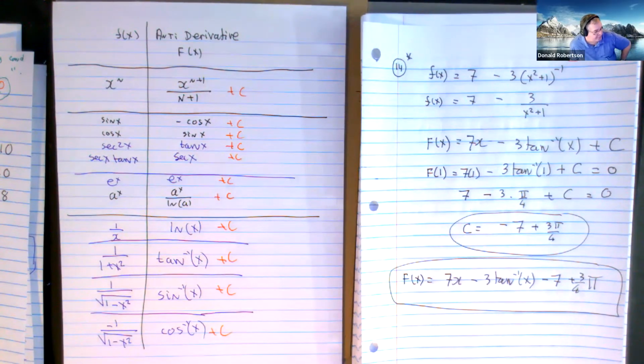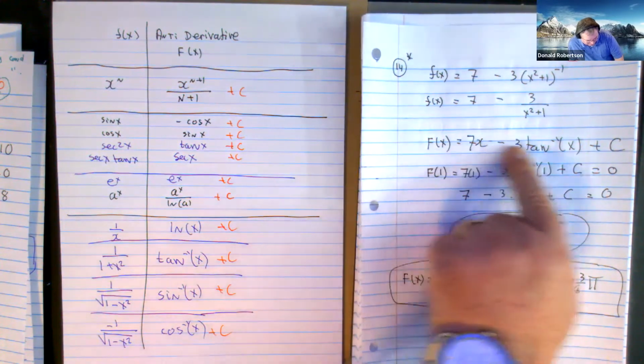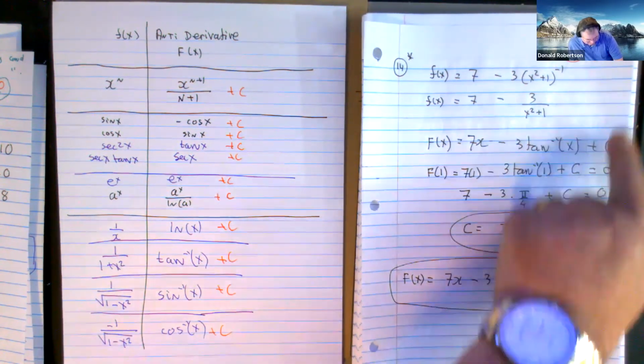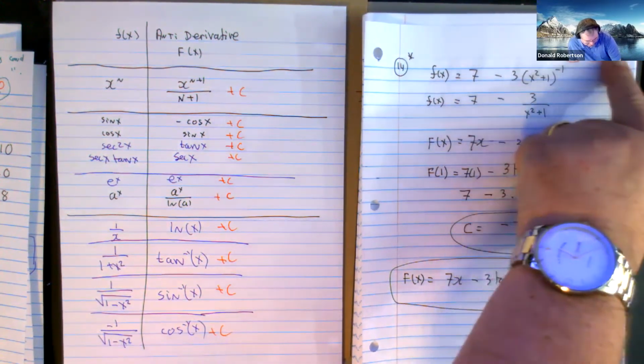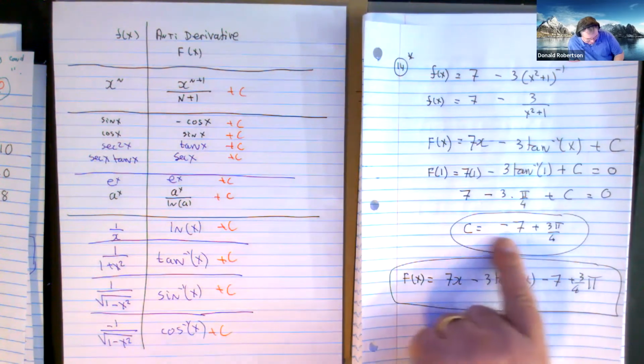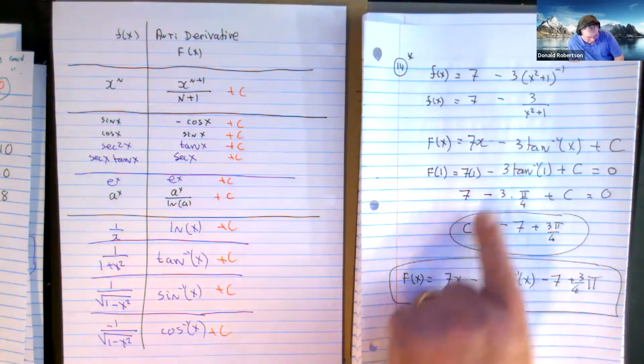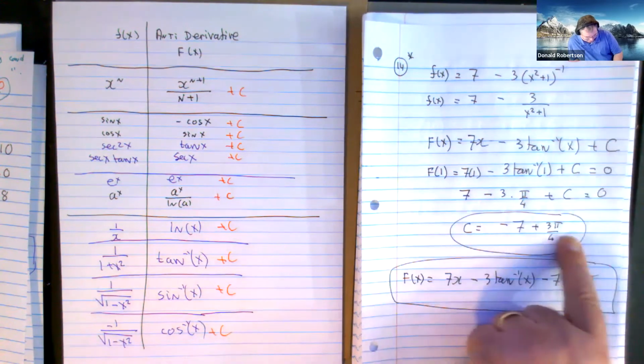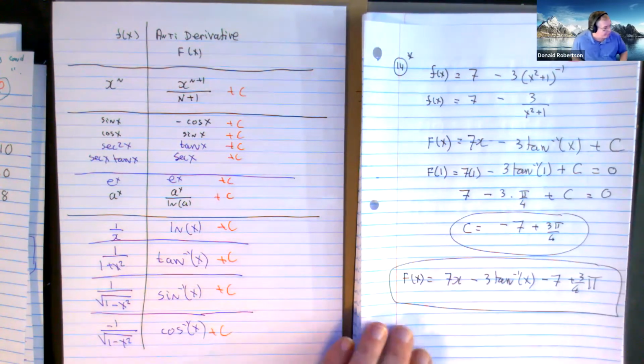We're finished. So find the inverse tan with the plus c, use the boundary condition information to find out what c is, and then replace that c by whatever you found out its value was.